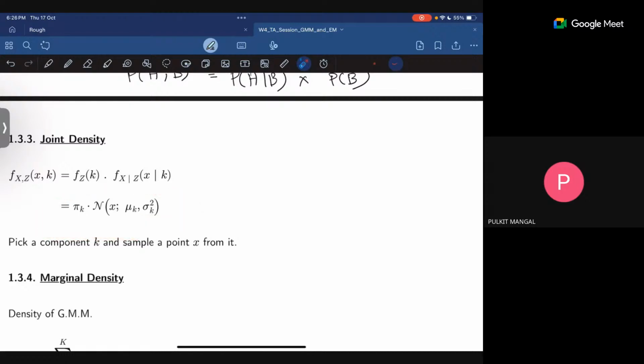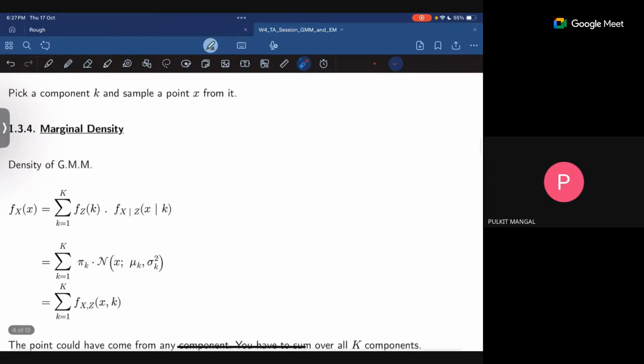Now comes the marginal density, or the density of GMM. This is the density for one data point: you pick a component k and sample a point x from it. But the point x that you are sampling may have come from any of the components. So you sum this up across all the components that you have, and that's how you get the density function of the GMM.